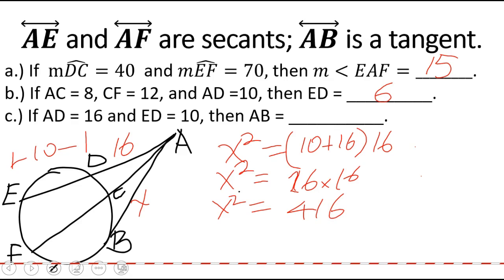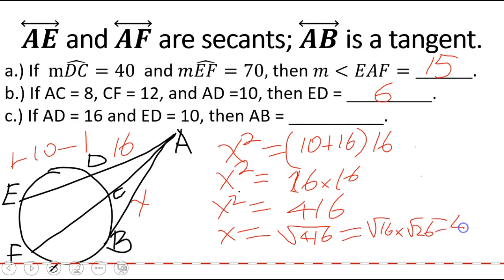No. And so x is going to be the square root of that. And we can find the perfect square that goes into that. So it's going to simplify to square root of 16 times square root of 26, which is 4 square root of 26. So that's 4 square root of 26. All right, that would be that for now.